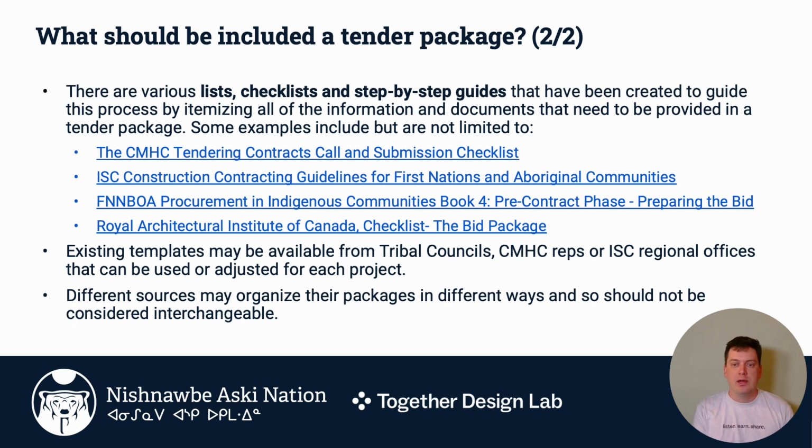You may have in your organization one that people work with already, or at your tribal council, or from your funders, and just go with what works. While they may be organized differently, look different, they all do get you to basically the same place.